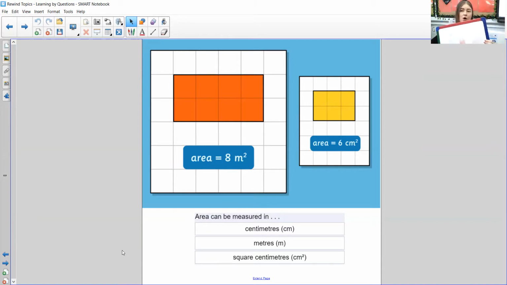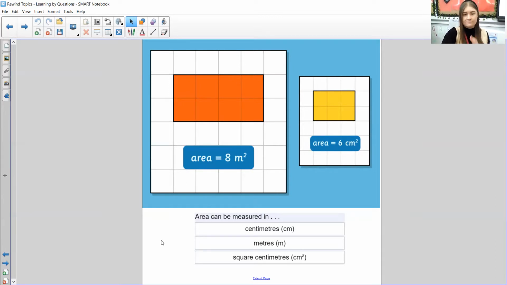It's the covering of the whole area, and we can't measure that by going 2 metres, 2 metres, 2 metres all the way down. To measure that whole space, we call it centimetres squared or metres squared, and to do that, you just need that little number 2 after your unit. So centimetres squared, metres squared, millimetres squared, anything squared is absolutely fine, okay? Just depends on what you're given in the question.